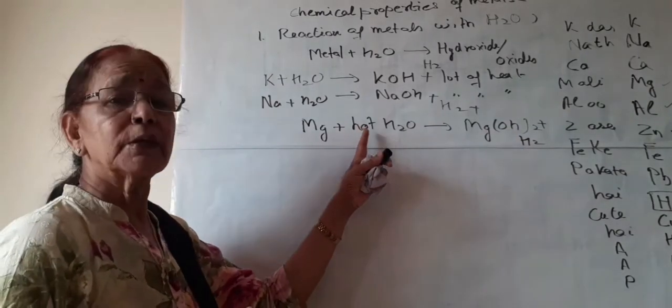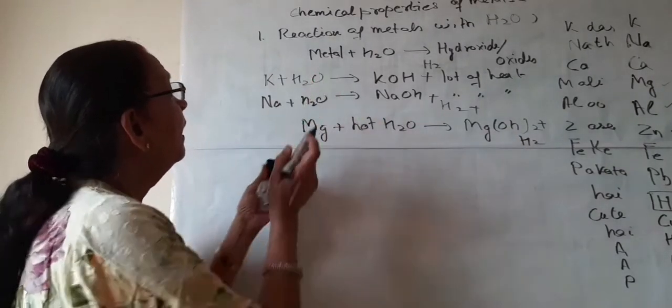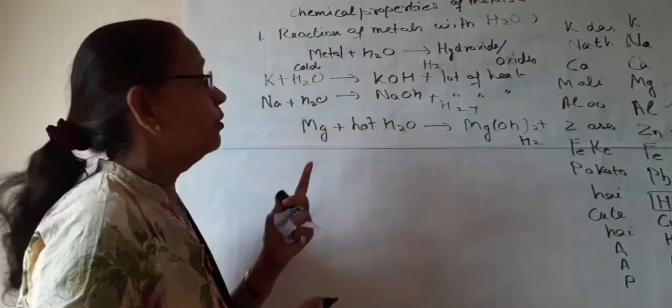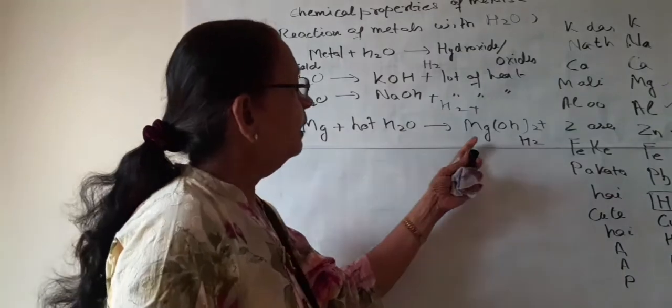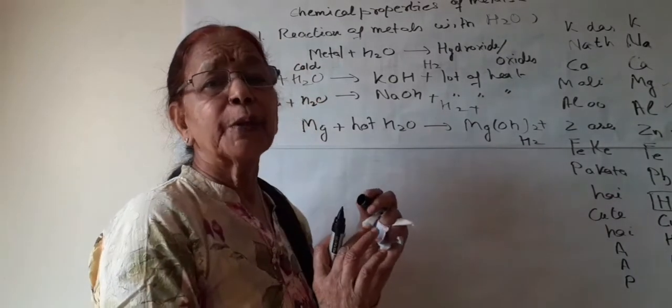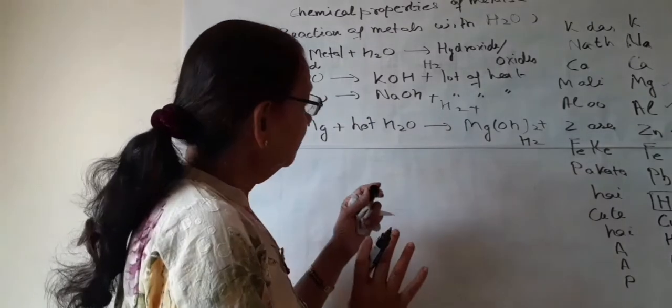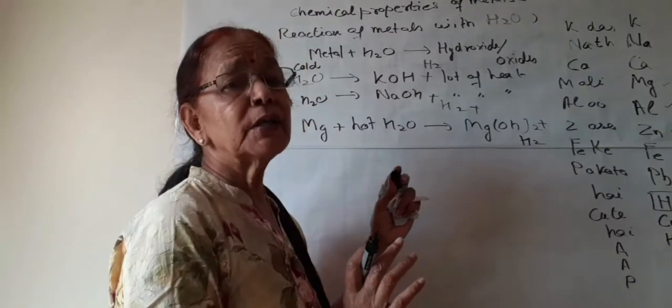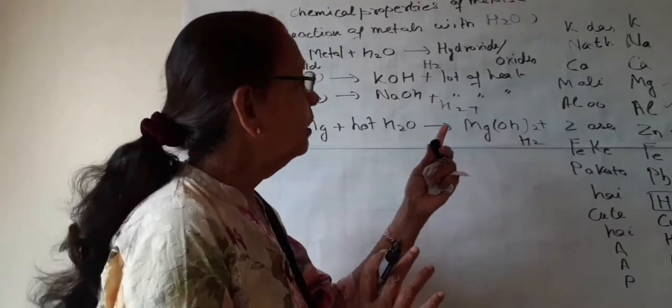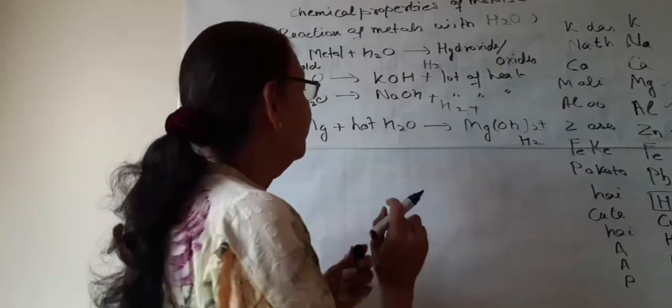So magnesium does not react with cold water, and these two react even with cold water. With hot water magnesium hydroxide is formed, and no burning, no fire is there, as this reaction is not much vigorous. It is a fast reaction, but it is not vigorous.